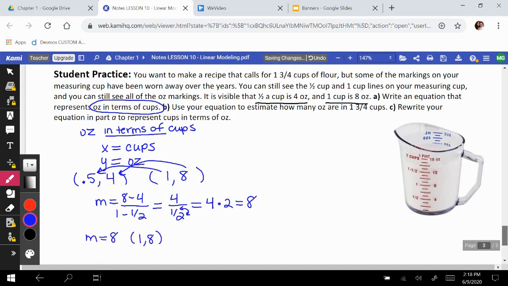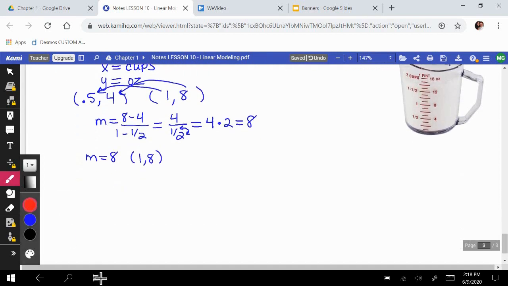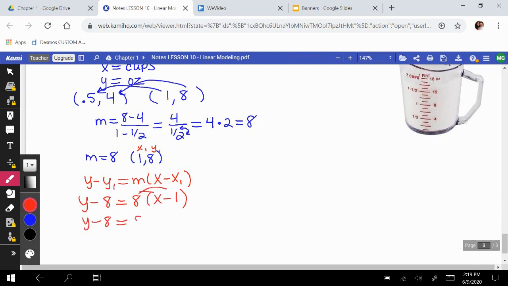Okay, so I'm going to use 1, 8. So now I'm plugging that information into my point slope form. We'll call this my x1, y1, and I already know my slope. My y1 is 8, m is 8, and x1 is 1. Okay, just distribute that 8 through so we can try to simplify this.